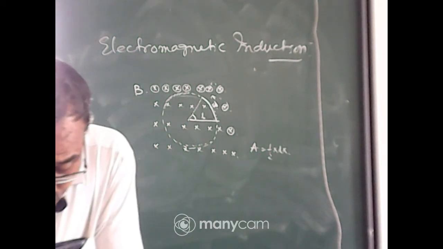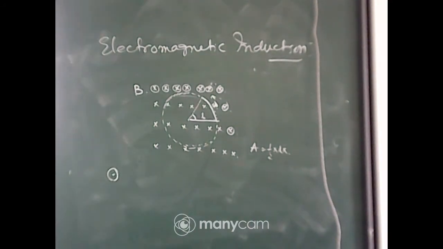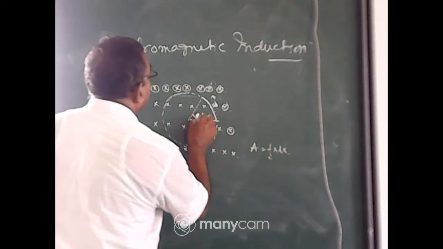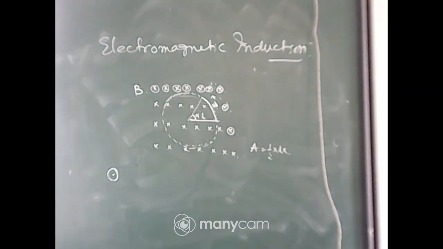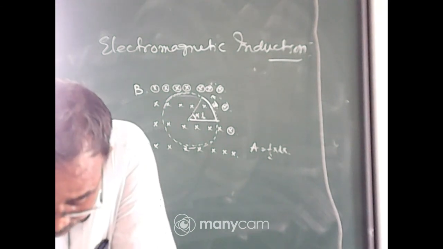So the area swept by the rod at an angle alpha will be half into L into alpha.